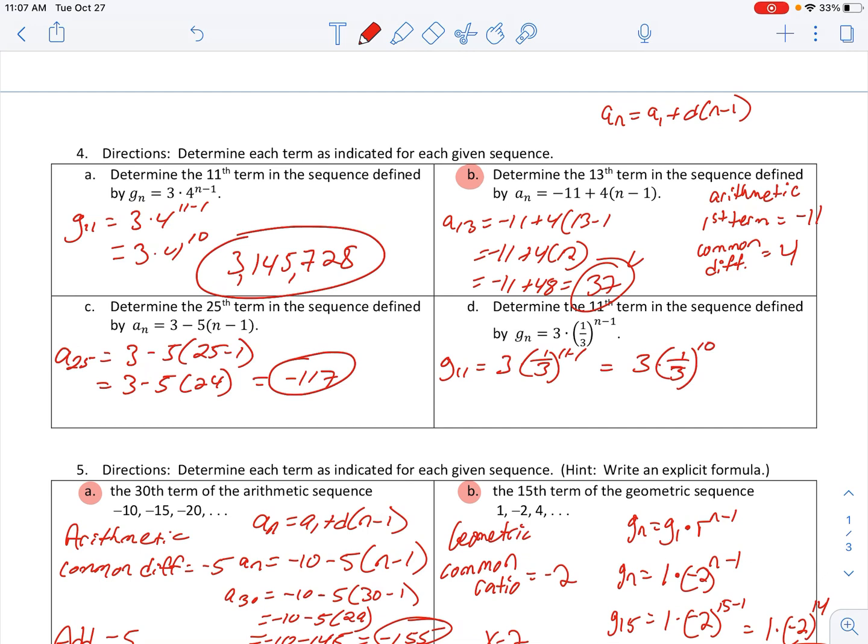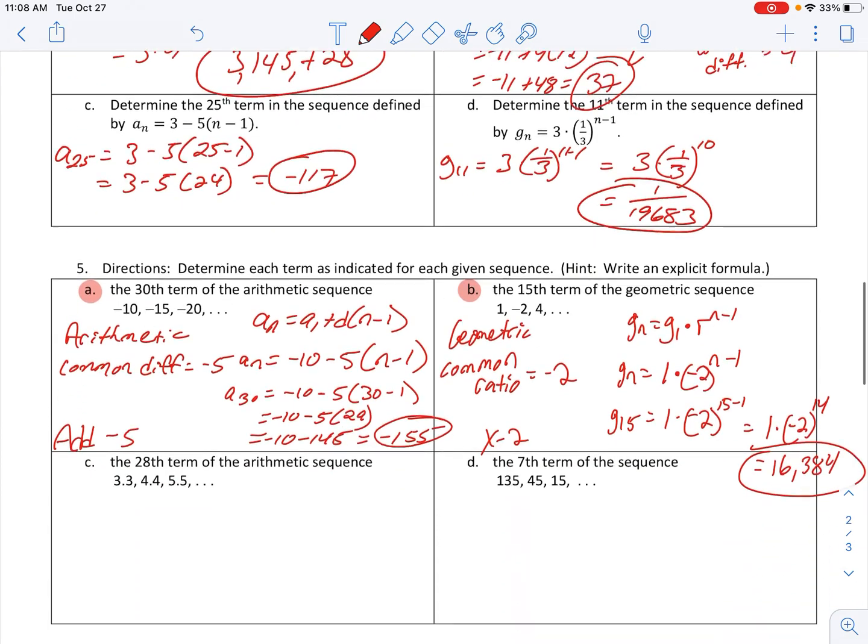And then you would plug it into your calculator. But this one is hard to do because of fractions, and our calculator can only do so much. So long story short, what the answer should be is this right here: 1 over 19,683. If you can do this, you're going to be fine. And if you can do the ones up above, you should be fine too. Okay.